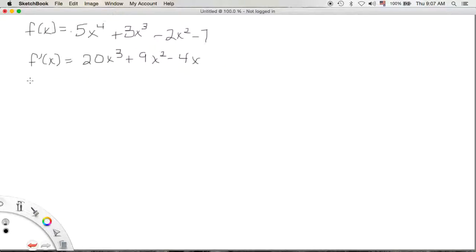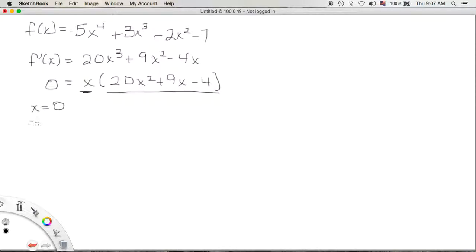So we just need to look at where it equals 0. So we first have to factor. We'll factor out our common term here. So this derivative is going to be equal to 0 when this is equal to 0 or when this is equal to 0. Now this doesn't factor very nicely, so we're going to use our quadratic formula.